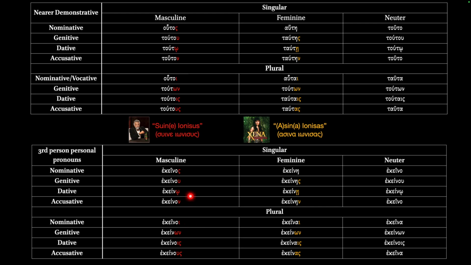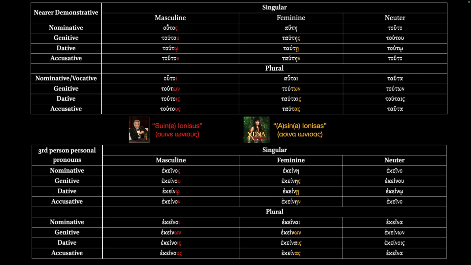Swain Ionessus shows up down here for the masculine, and then the same thing for our first declension mnemonic, Asina Ionesas, with a little bit of modifications here because we don't have the alpha, we just have the sin, Ionesas, and the same thing right down here.